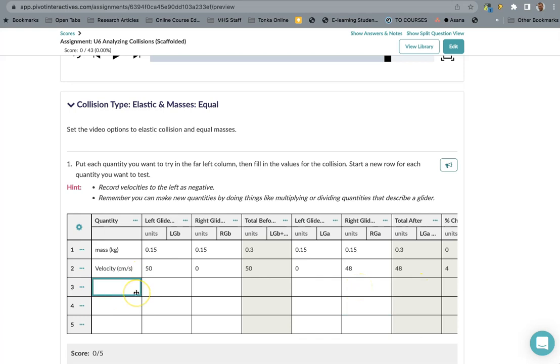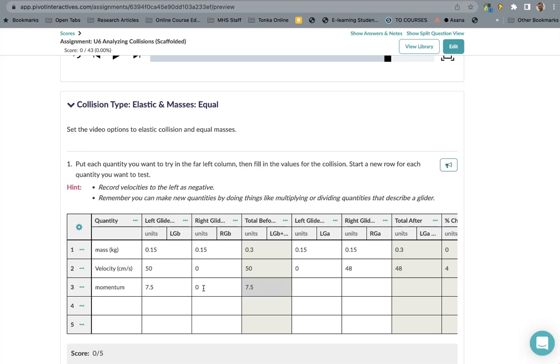I can also then calculate the momentum. I take this mass times velocity, my 0.15 times 50, and that's 7.5. It's okay if it's not in kilograms and meters per second. I think we'll be okay if we keep it in centimeters per second, as long as we're consistent.